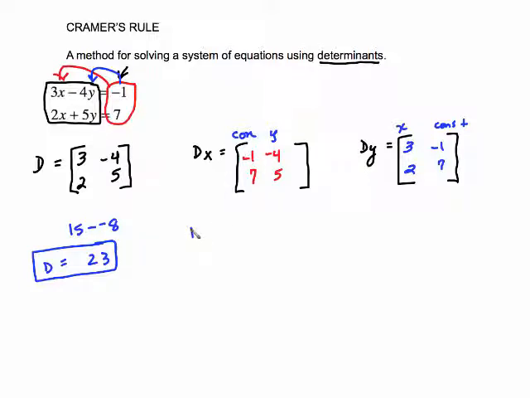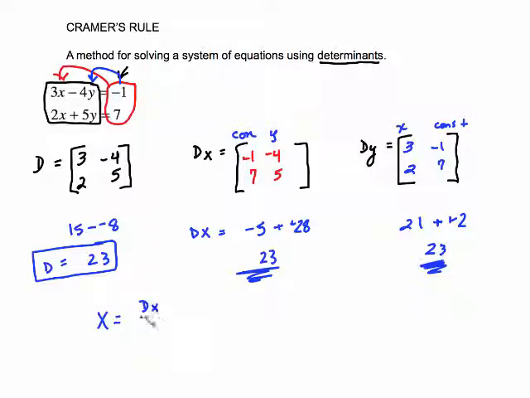Get the dx, get the determinant of this. This is negative 1 times 5 is negative 5, minus, multiply up, negative 28, minus a minus is plus, gives me 23. And dy, 3 times 7 is 21, minus, multiply up, negative 2, minus a minus gives me 23. Then you do something very easy to get your x and your y.